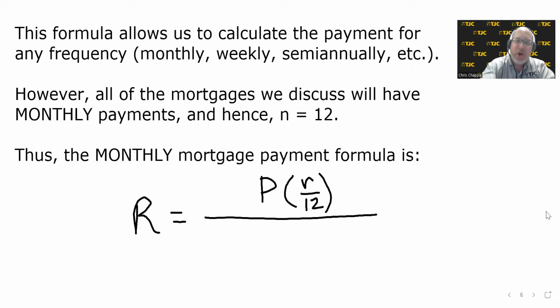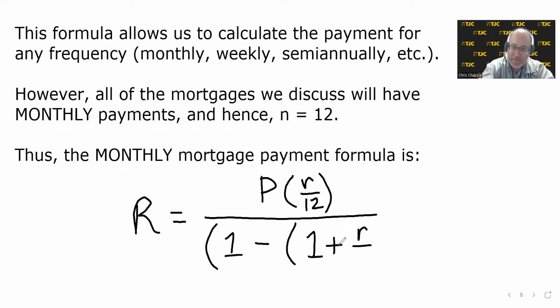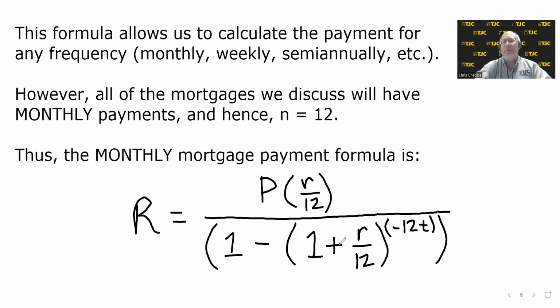And in the denominator, open parentheses, 1 minus, open parentheses, 1 plus r over N, but the N is 12 when you're doing monthly, close parentheses, and in the exponent on that is negative NT, except the N is 12, so it will be negative 12T, close the parentheses on the exponent, close parentheses on the denominator.